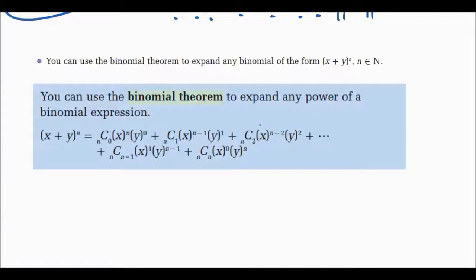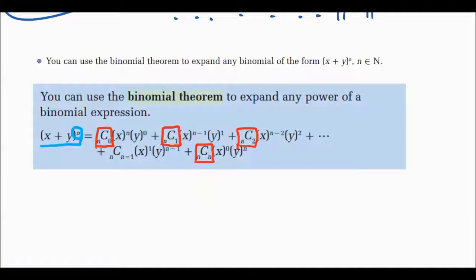Now this looks pretty complicated, but let's just break it up here. You have (x + y) to the power of n, and the coefficients are n choose 0, n choose 1, n choose 2, and so on, all the way up to n choose n. That we've established.